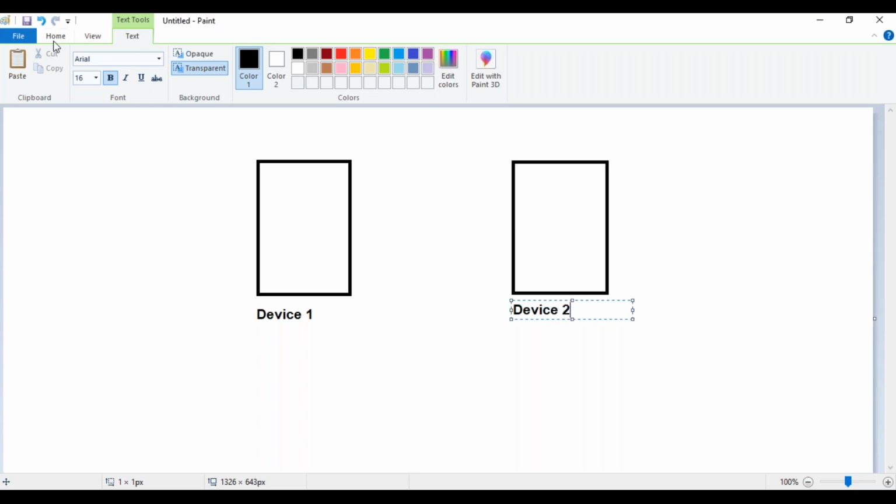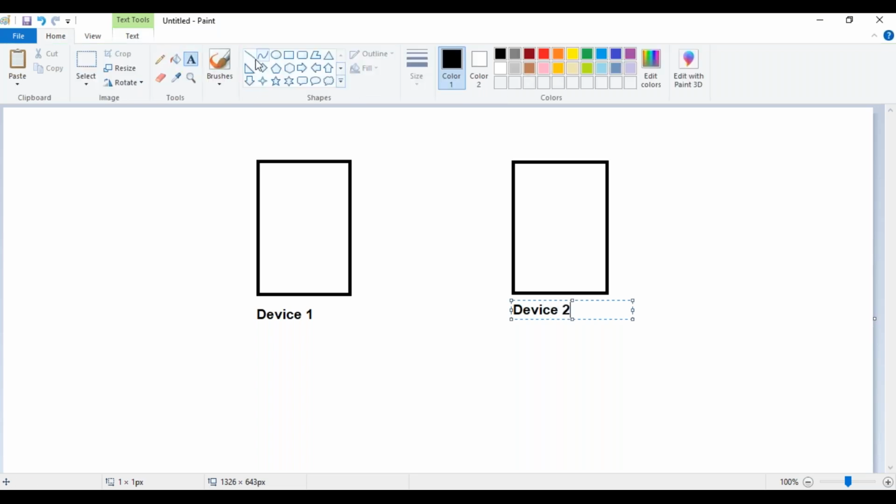Okay. Now two devices want to communicate with each other. So device 1, if it transmits, device 2 should be receiving. So I'm going to take care of the arrows and also the names of the pins.